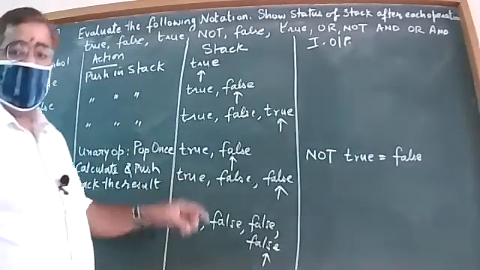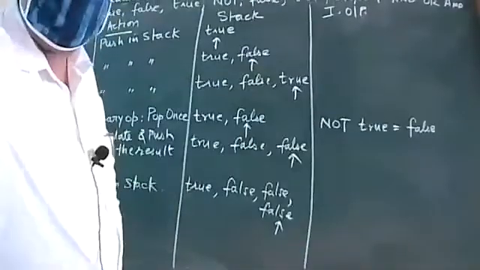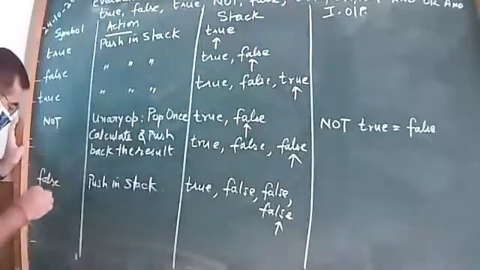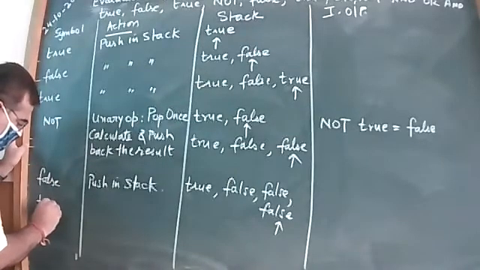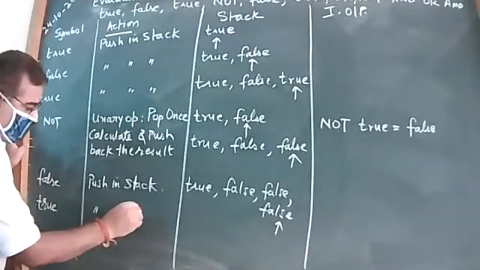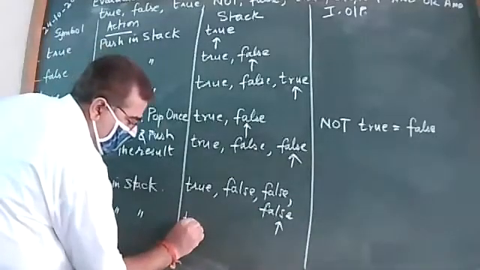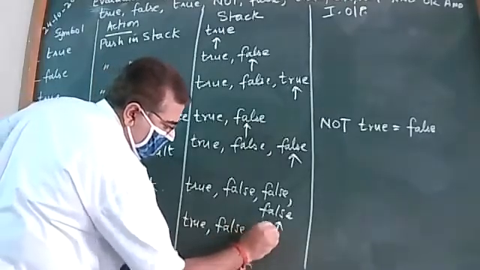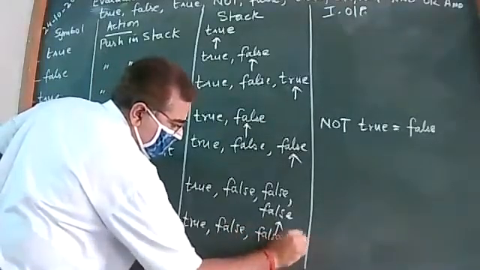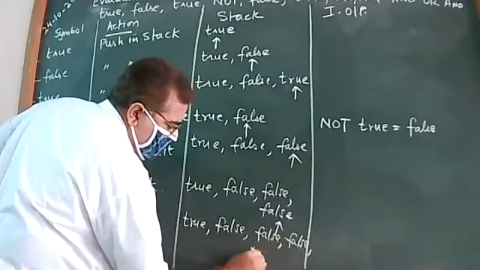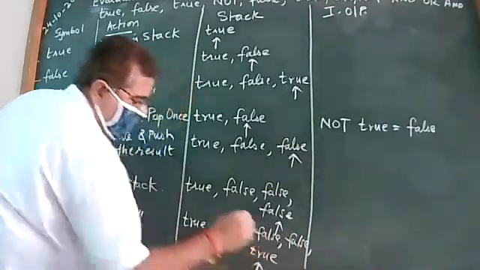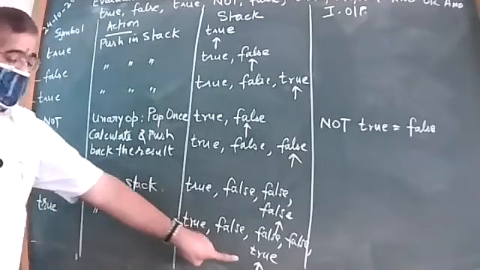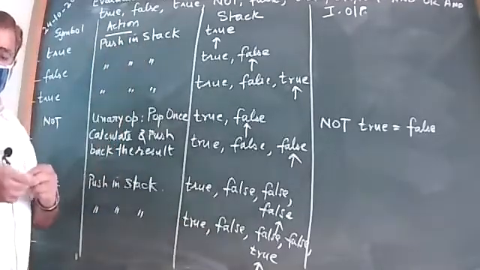Then next is true. Push in stack. True, false, false, false, then true. Now after this, I'm shifting upwards.